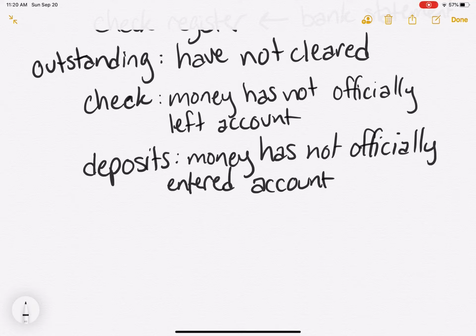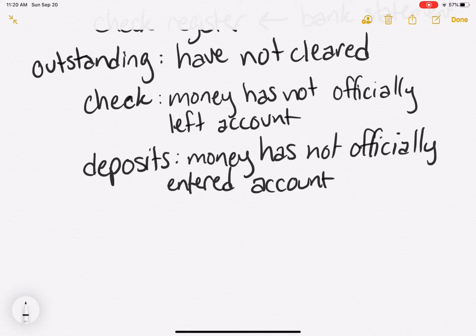And overdraft fees can be anywhere from $30 a day to $100 a day, just depending on your account. So you want to make sure that you are not overspending without enough money in your account or spending the money that's not actually there.